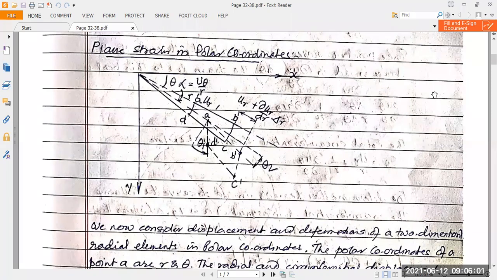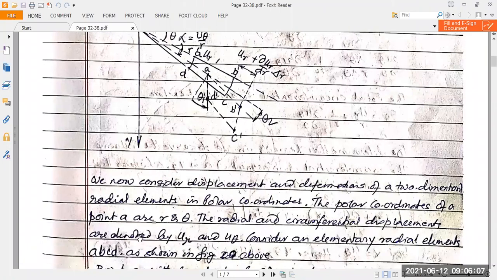This coordinate system is defined as r-theta coordinates, or polar coordinates of a point. Its r-theta coordinates mean: the distance of the point from the origin is given as r, and if the point moves a certain radial distance, the angle between the initial and final position is defined as theta.